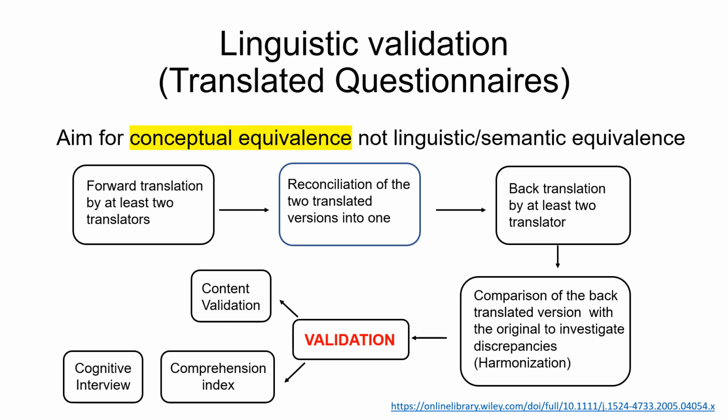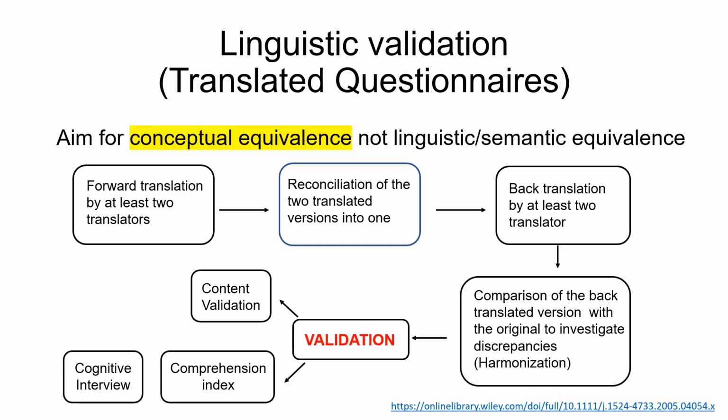The reconciled version is then back translated to the source language by a similarly knowledgeable bilingual. Harmonization is achieved by comparing the back translated version with the original to resolve discrepancies.